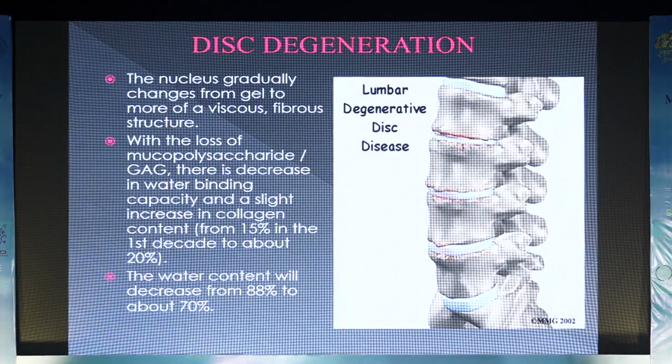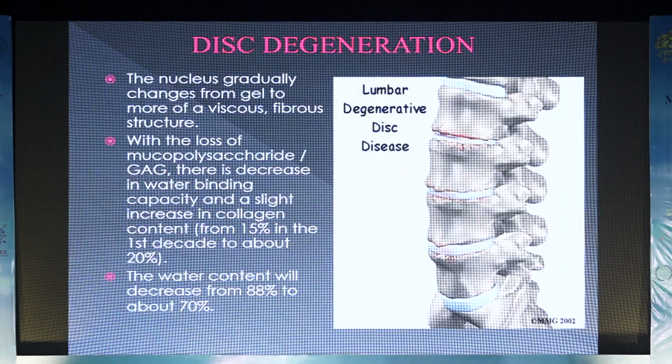The collagen fibers are attached to the vertebral end plate. Vertebral end plate is a thin layer of fibrocartilaginous structure that separates the highly vascular vertebral body from the avascular intervertebral disc, through which this diffusion process takes place.